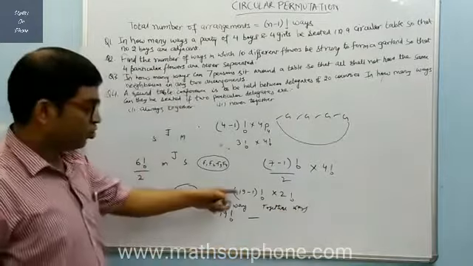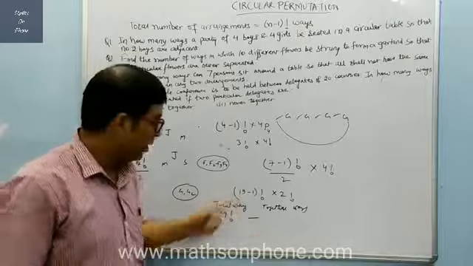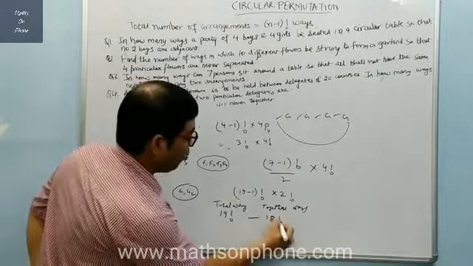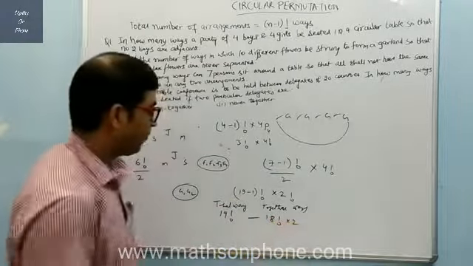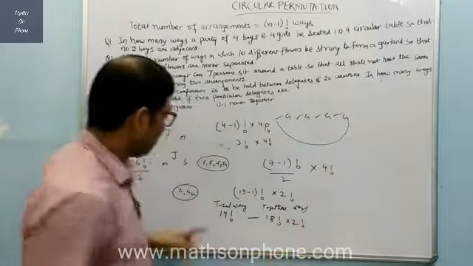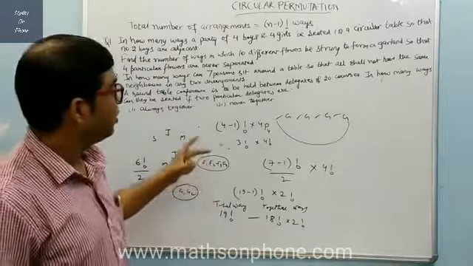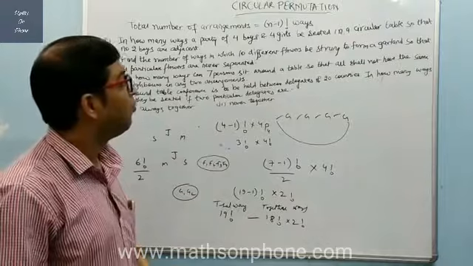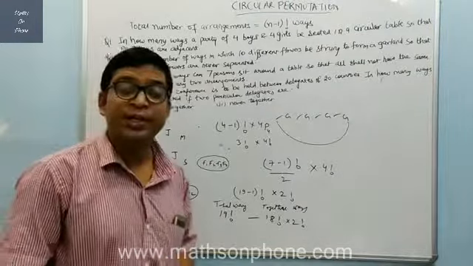What is that? Together ways we have found out: 18 factorial into 2 factorial. So in this way you can solve the problems of circular permutation easily.